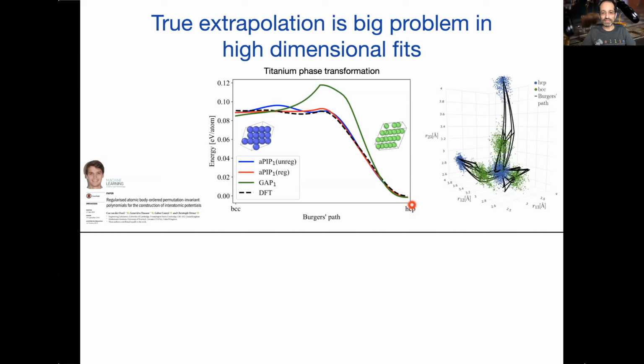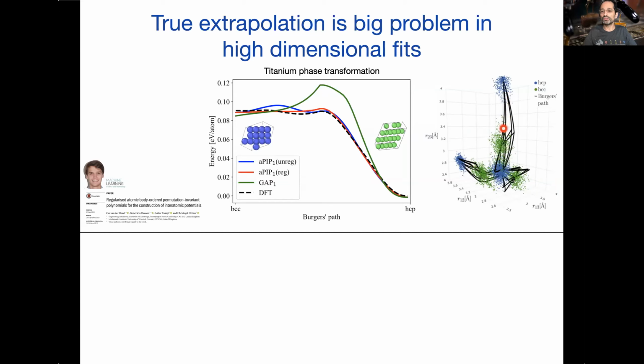And now I fit a potential, and I investigate what it does on the Burgers path, which is a shearing transformation on the unit cell that transforms HCP to BCC. And what happens is that our potential, the black is DFT, is really very good here and here, but is really not very good as we do the transformation.